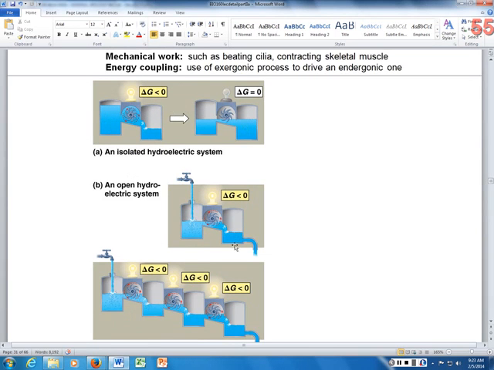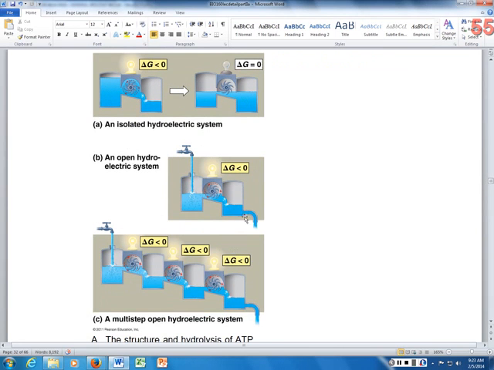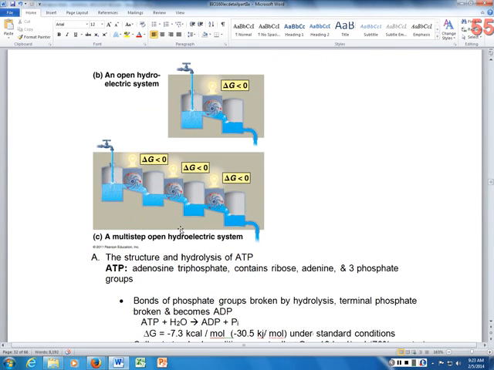With these, if it's a closed system, once you get to equilibrium, it no longer does that. But if you have an open system where you continually take away this product, it just keeps running down because you'll never fill this up. A lot of times you break it down into multiple steps, and by breaking it down into multiple steps, you can direct the energy in different ways a lot easier.